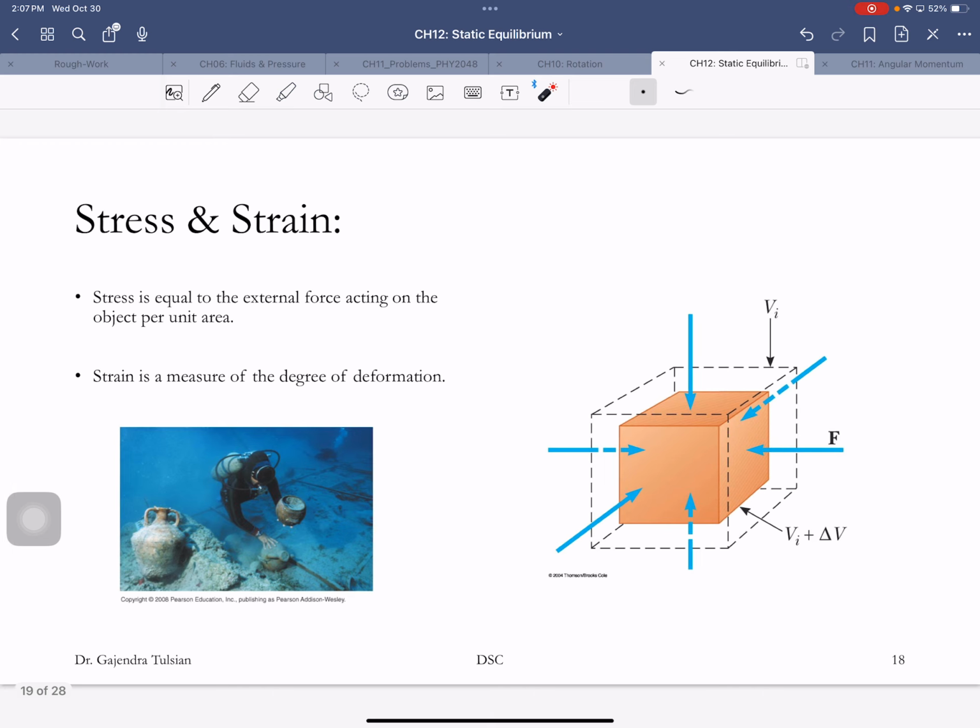We'll consider volume stresses. This is bulk stresses, where you're applying forces perpendicular to the object and the volume is decreasing. Okay, so we'll be concerned about this. For instance, let's say you are designing a submarine, and here's a window, so you can charge people money to be able to see outside.